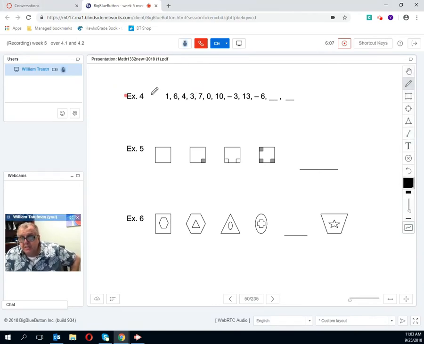Oh, I think I see it. 1 plus 6 is 7. 6 plus 4. No, that's not it. Is 10. I saw it and now I lost it. Give me a second. There's a subtraction involved.